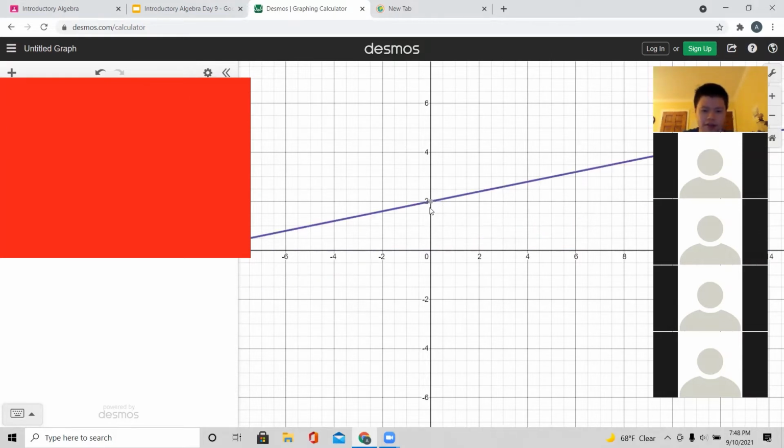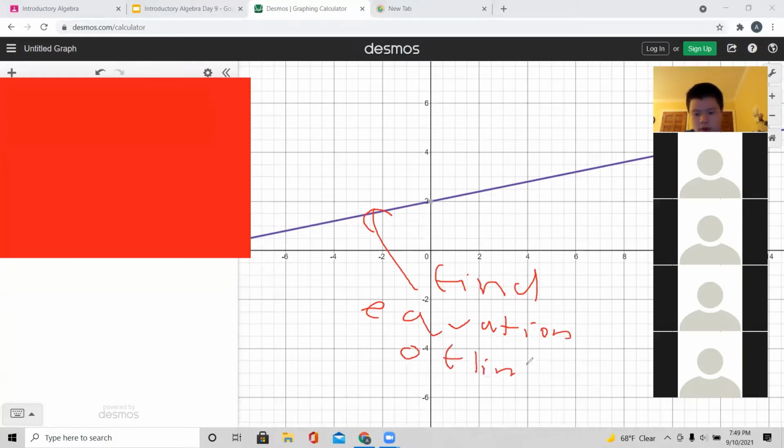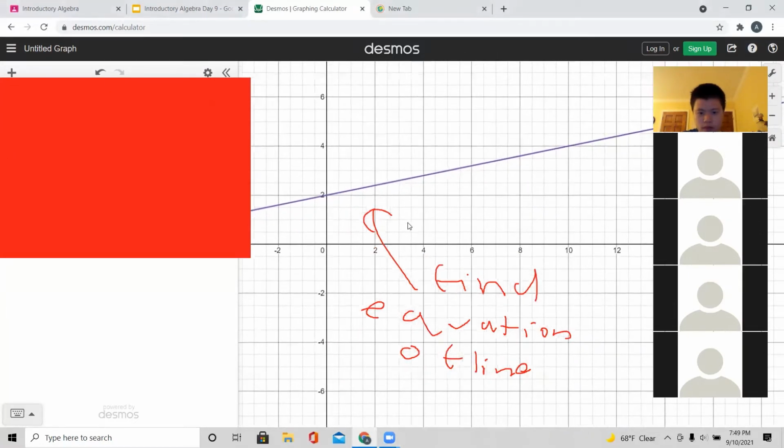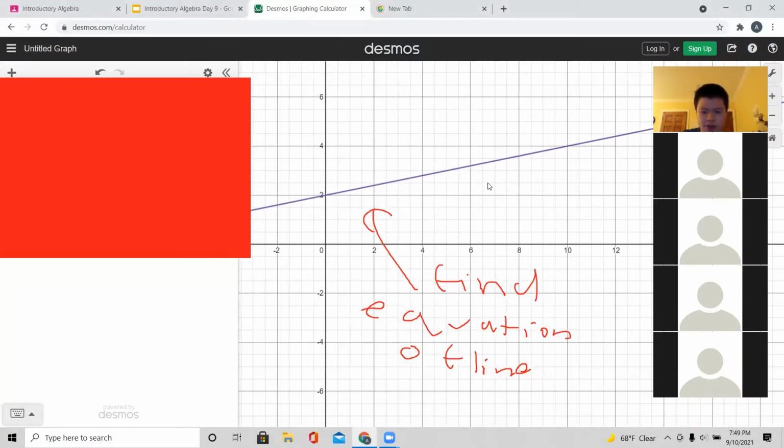What is the equation of this line, in any form, really? I'll move it so there are integer points.